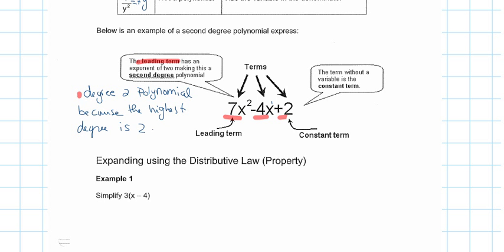Okay? You guys know what the word degree means, right? It's the power, it's the exponent. Okay? They all mean the same thing. And we call this term a constant term because it doesn't have a letter associated with it. Okay? It's called the constant term.